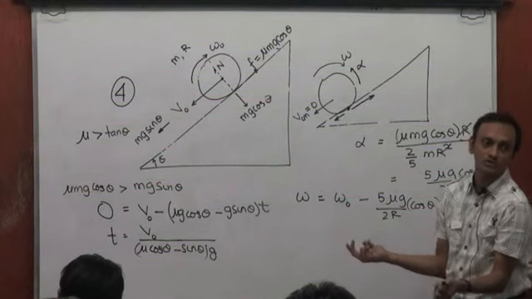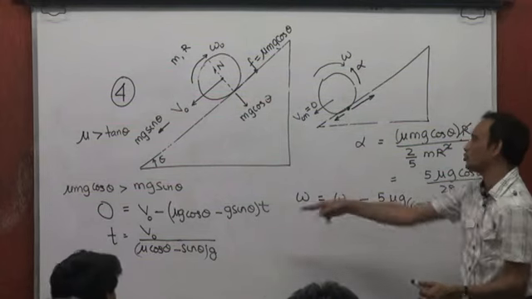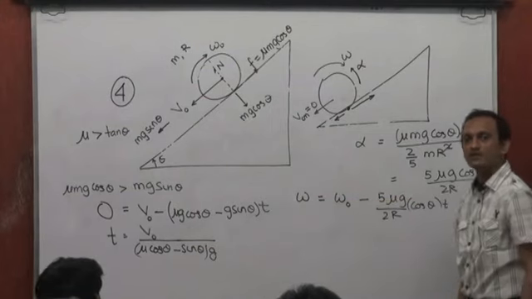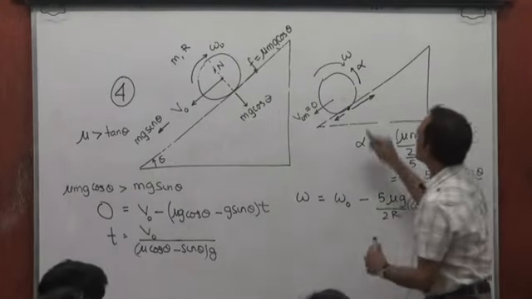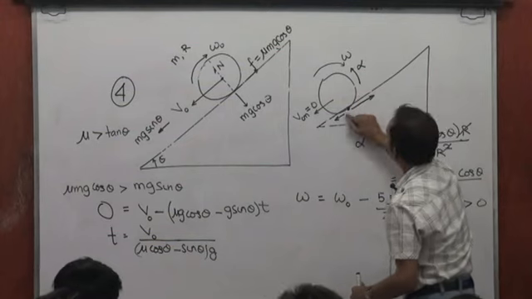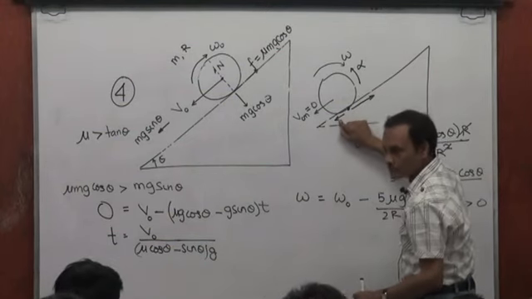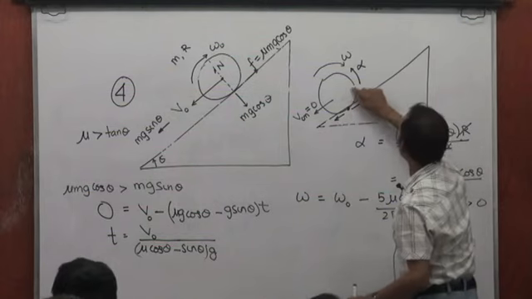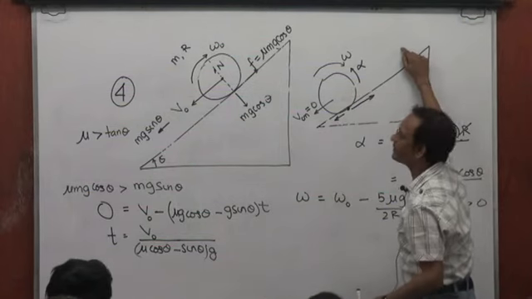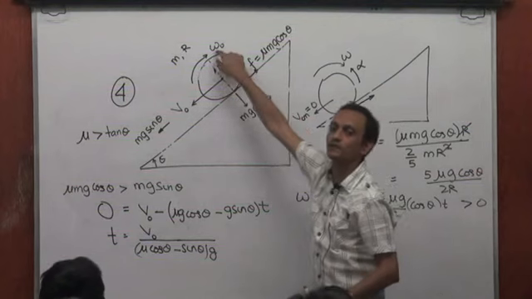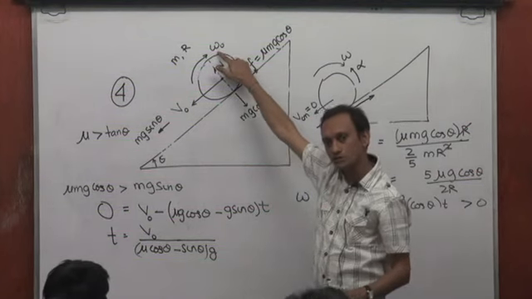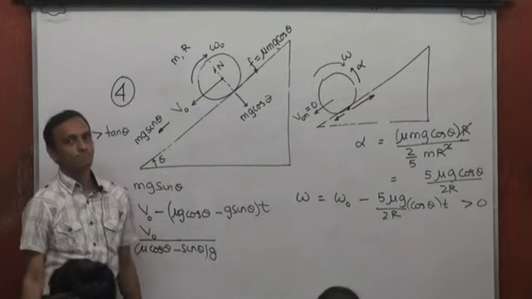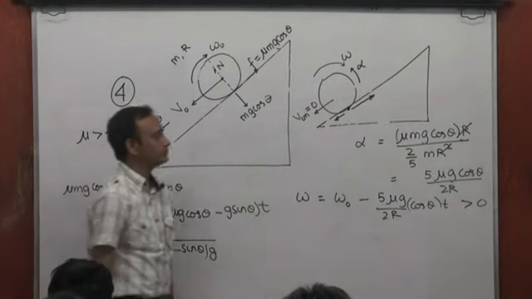That's the required condition. If omega is still greater than 0, the velocity of the point of contact is downwards, frictional force will act upwards, it will accelerate the center of mass upwards, and the sphere will come back to its original state.